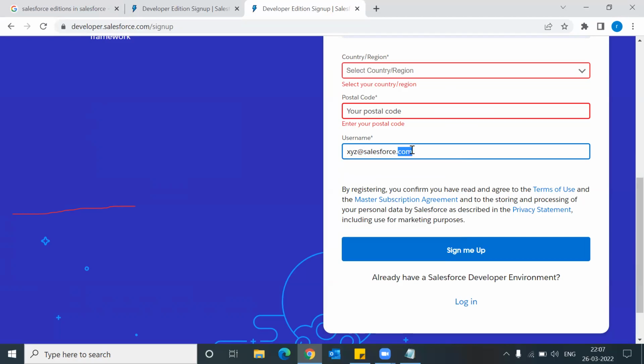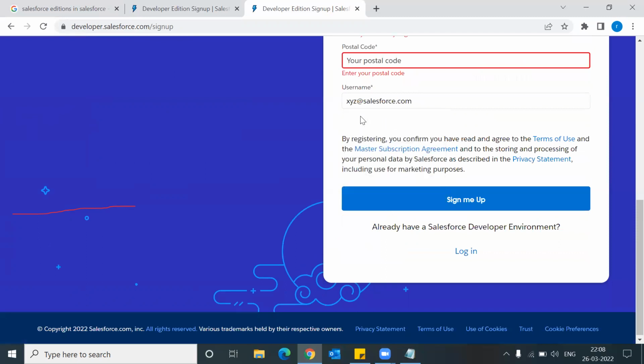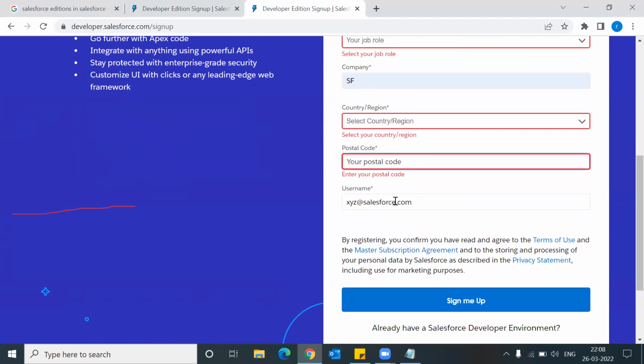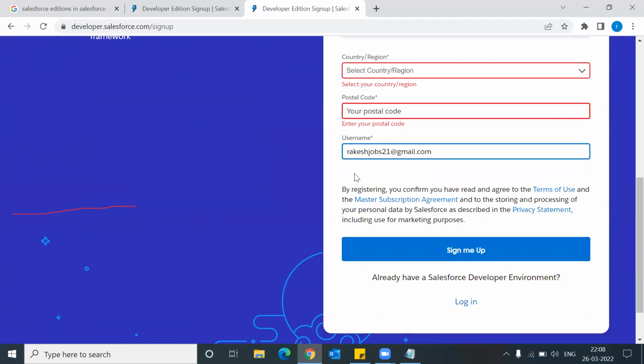This is a certification question: can the email address and username be the same? Might be, right? If your email address is this one, you can copy the email address and paste it here. So username and email address are the same, which is easy to learn.